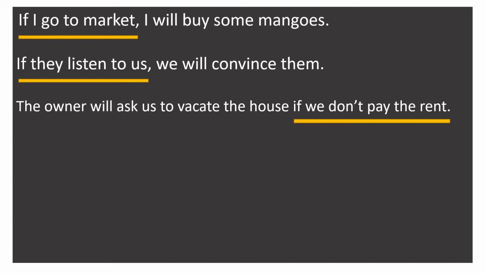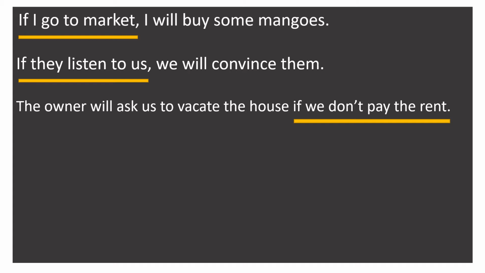So here, if the owner wants us to vacate the house, when will he ask? Only when we don't pay the rent. So the condition is not paying the rent. Then only he will be able to ask us to vacate the house. If we pay, he will not ask us to vacate the house.